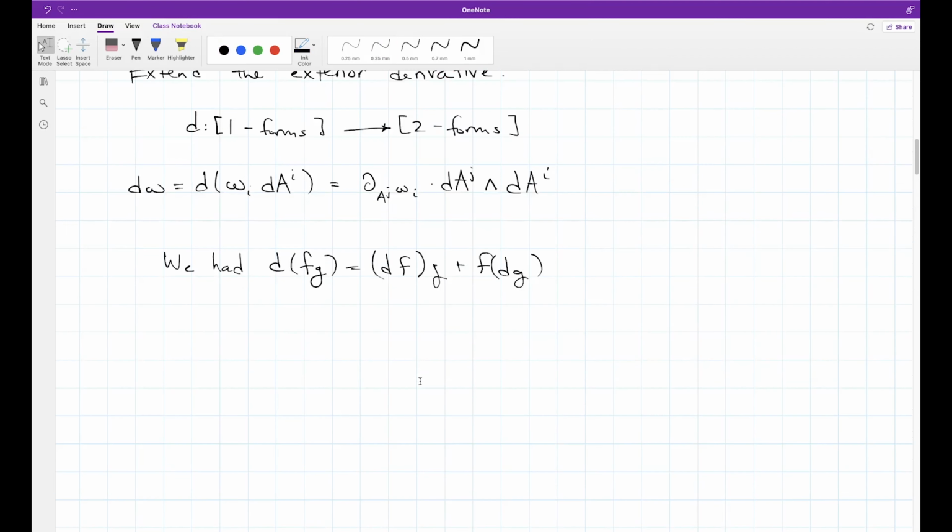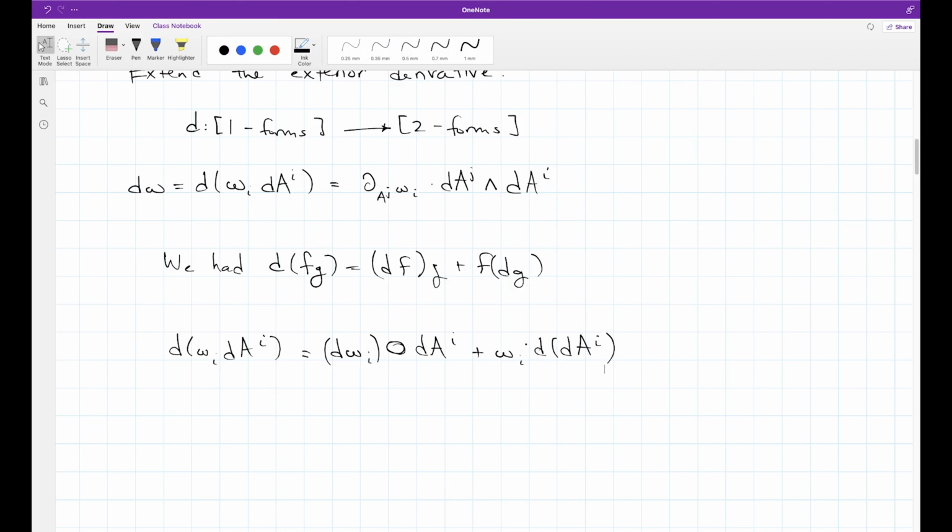Now we want to think about that happening again. So d(omega_i dA_i) will equal d omega_i, and then we need some way of multiplying, let me just put a big circle there for a second, times dA_i plus omega_i times d dA_i.